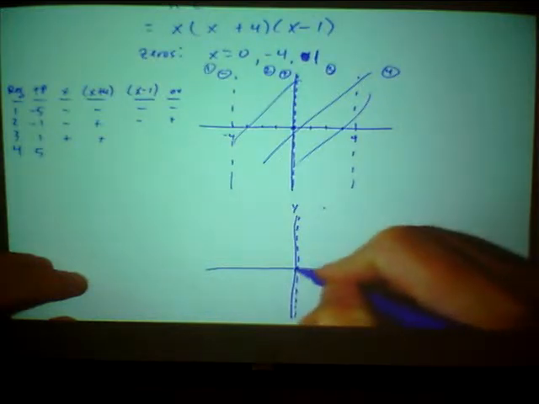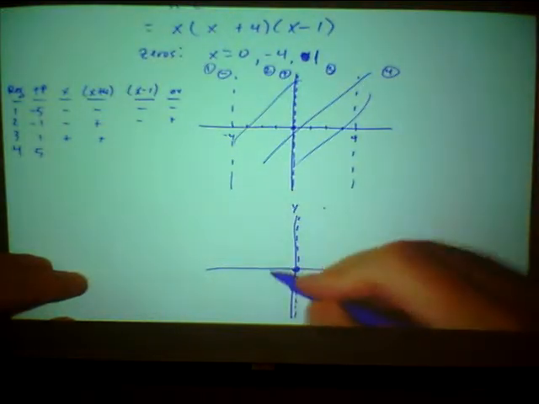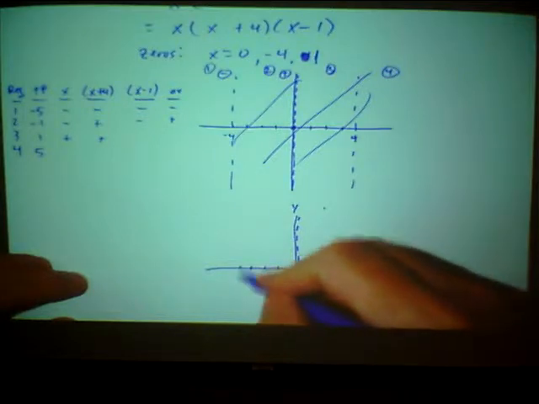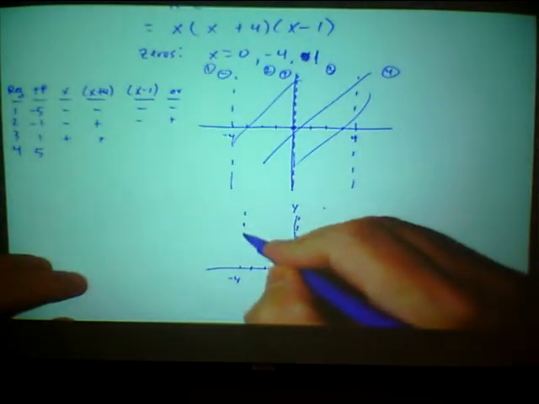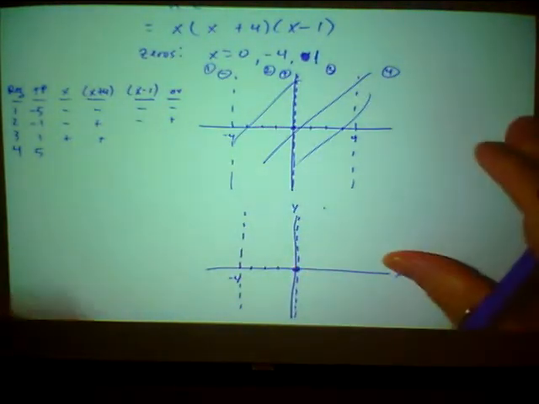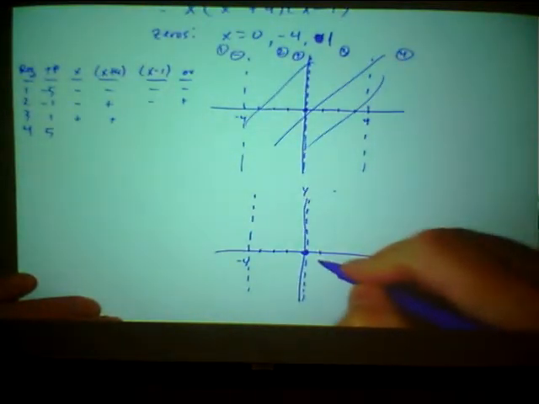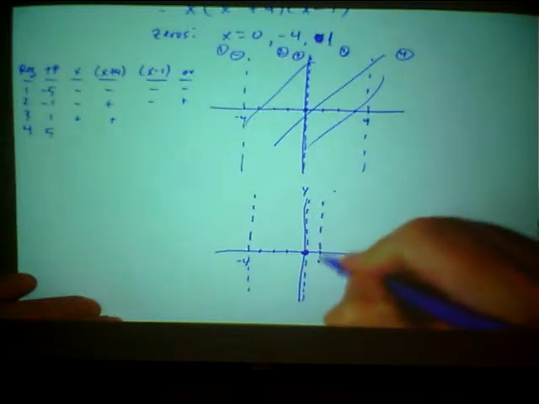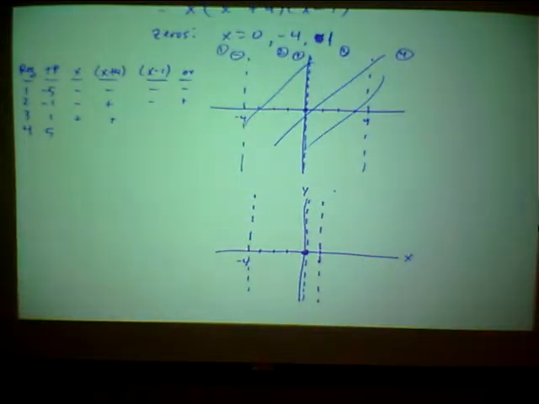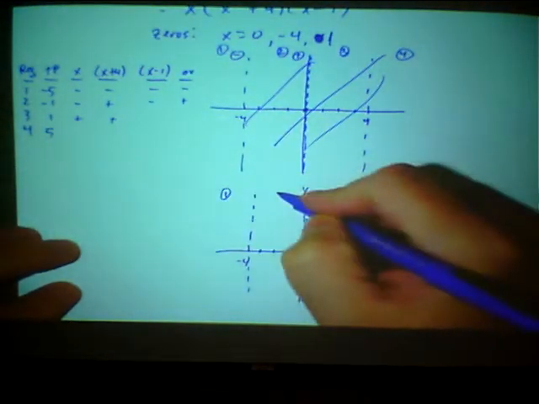one of my zeros is at the origin. Now, I do have one at negative 4. And then over here, it's at 1. So the key is, here's my 4 regions.